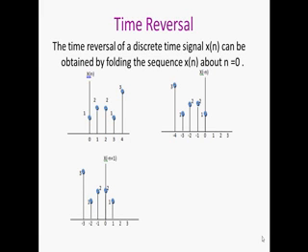In this time reversal, the shifting can also be performed. Whatever the k value they have given, we have to take it with its sign and magnitude, and then it should be added to the starting time period of x of minus n. For example, in x of minus n plus 1, the k value will be plus 1. So this plus 1 k value will be added to the starting time period of x of minus n.